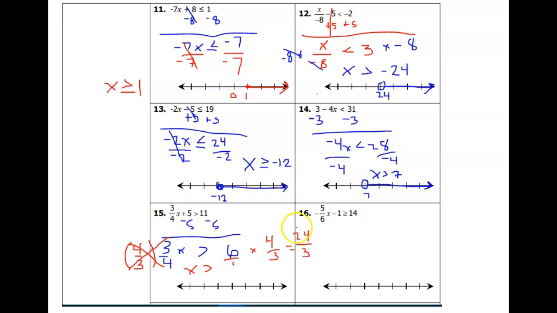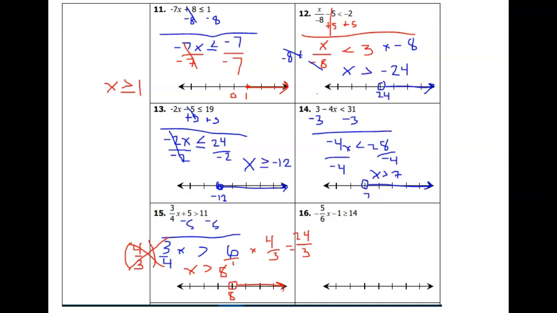Guys, what's 24 divided by 3? It's just 8. So this is x is greater than 8. On my number line, I'm going to go down to 8. I will put an open circle, and I'm going to shade all the values greater than 8.